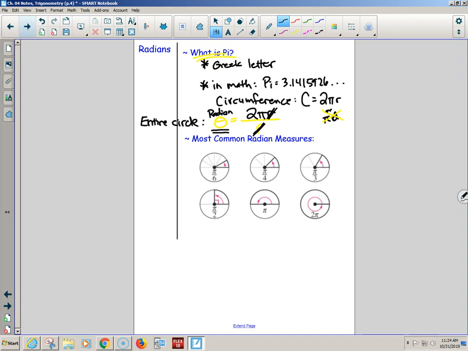If the radian measure of an entire circle is 2 pi, then what part of the circle is pi? Half the circle. Pi must be the arc length of half of the circle, or the angle that encapsulates half of the circle.